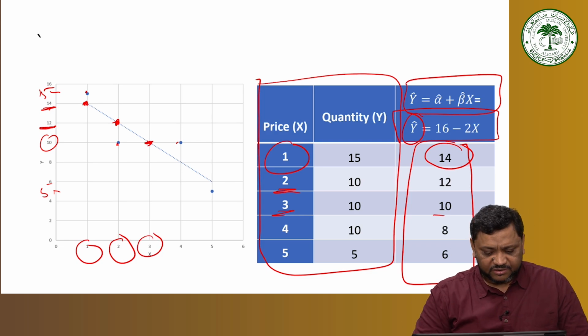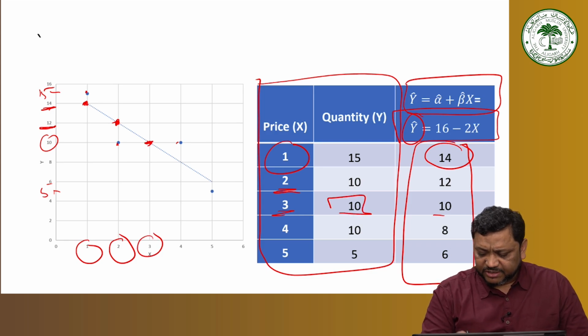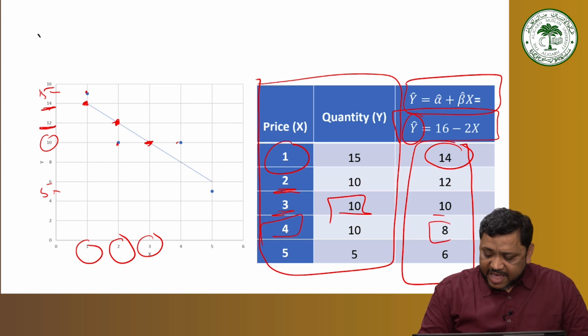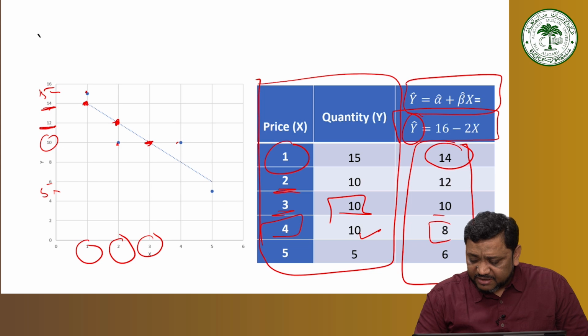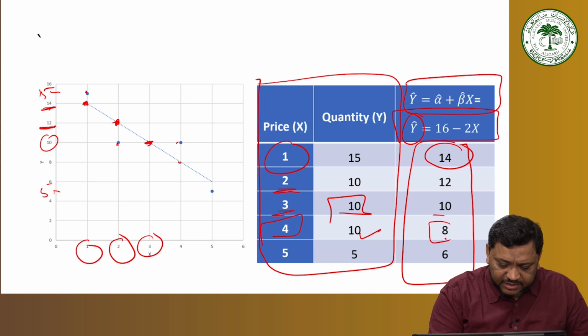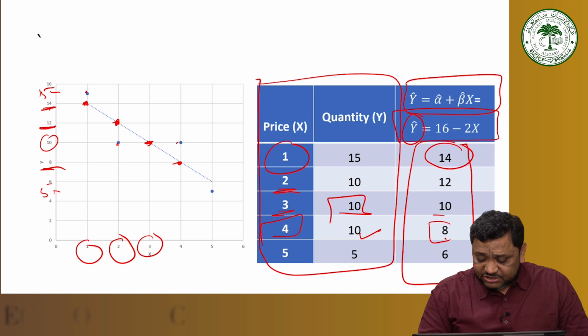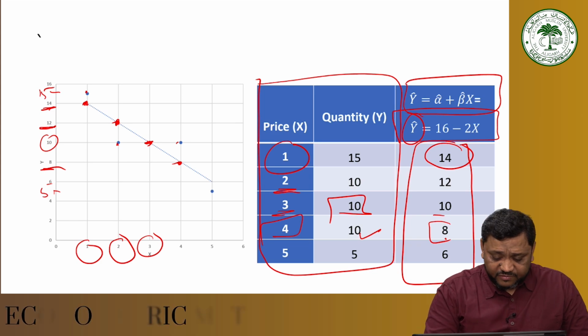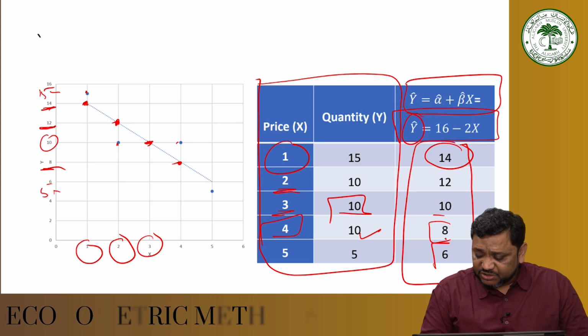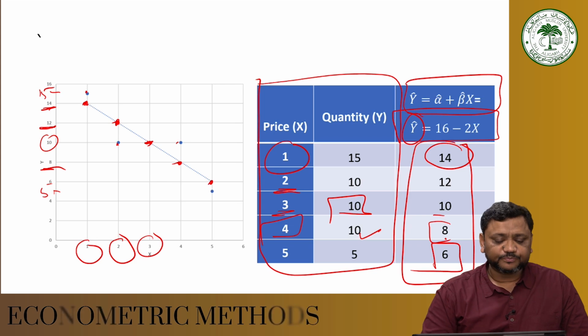Earlier also it was 10, here also it is 10. Now when x is equal to 4, it is 8. The actual value is 10, but the estimated value is 8. And last, when x is equal to 5, the actual value is 5, but the estimated value is 6.